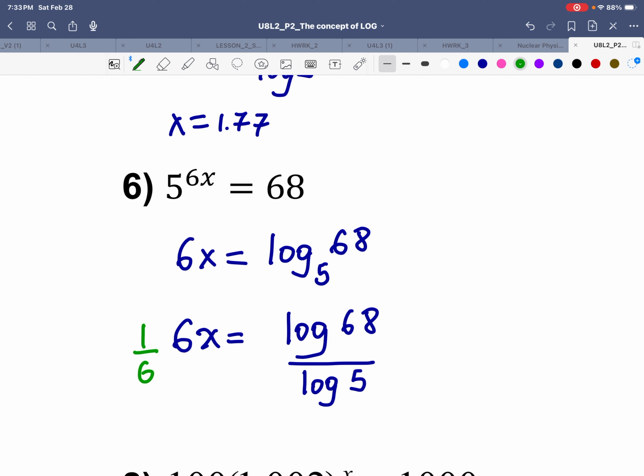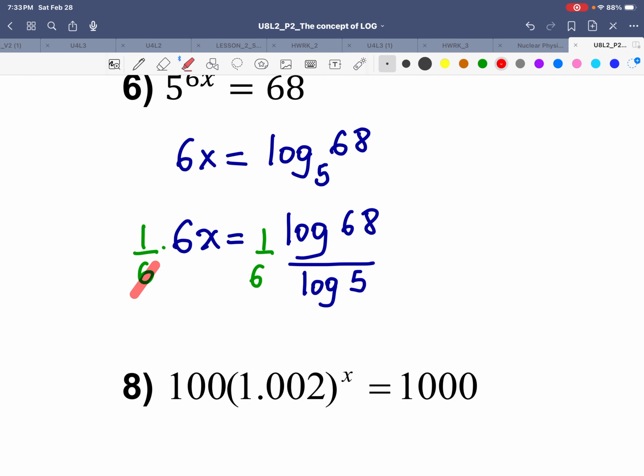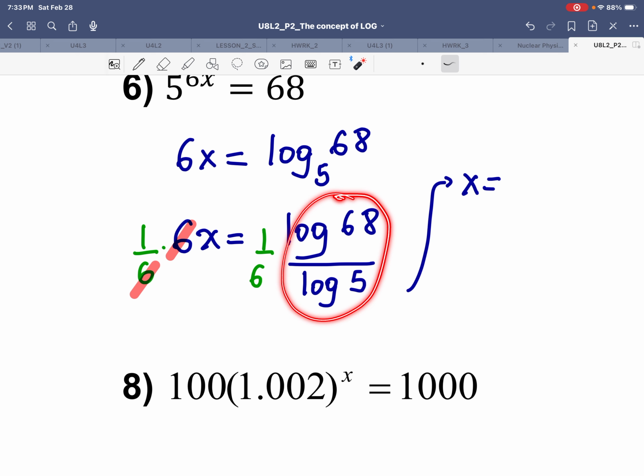And now we are going to get rid of that 6 by multiplying by 1/6, and then we'll get x equals. In this case, again, I'm repeating myself, I would evaluate this chunk of the number first because it's a little bit more complex. So log of 68 divided by log of 5, and then divide the answer by 6. And in this case, I got 0.44.